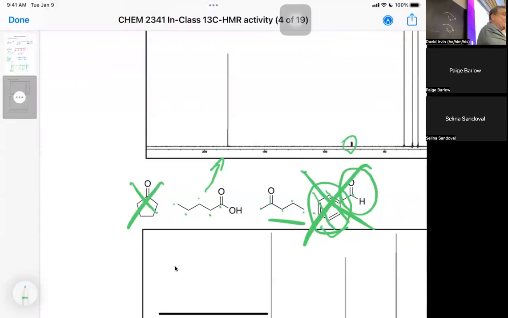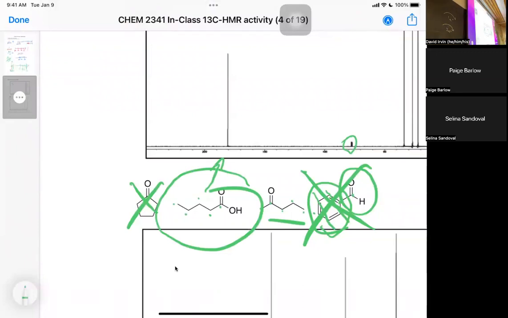So we're down to 2 choices, and it's really barely in the 180. The carboxylic acid is 170 to 185, so it's actually below the 180 that we expect the ketone to be at. So the correct answer is the carboxylic acid.